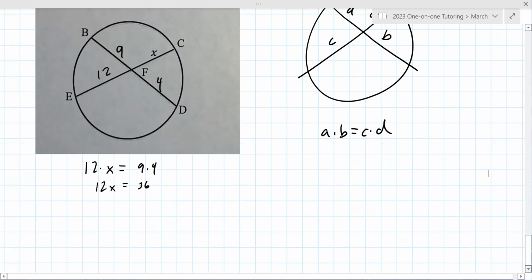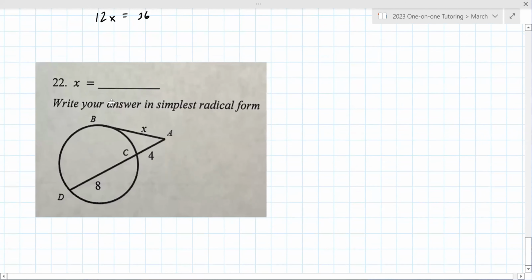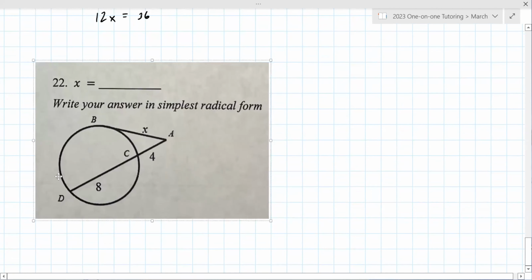Okay, there's 3 different types of problems you'll see where they're asking for lengths outside the circle. This is the tangent secant. One of the things that you need is the whole length. So this one is 4 plus 8, 12, because the formula here is it's always part times whole equals part times whole.